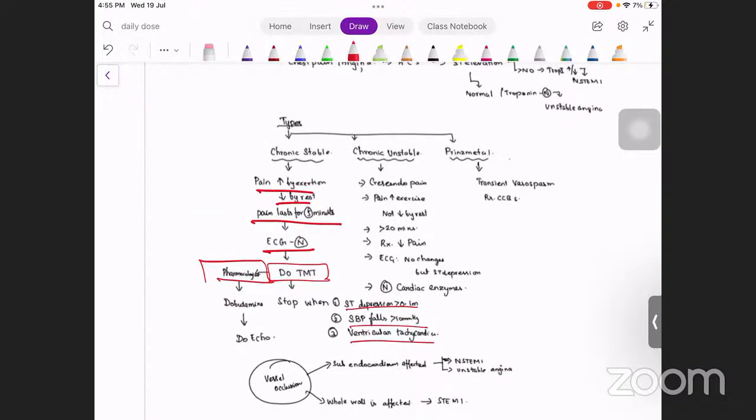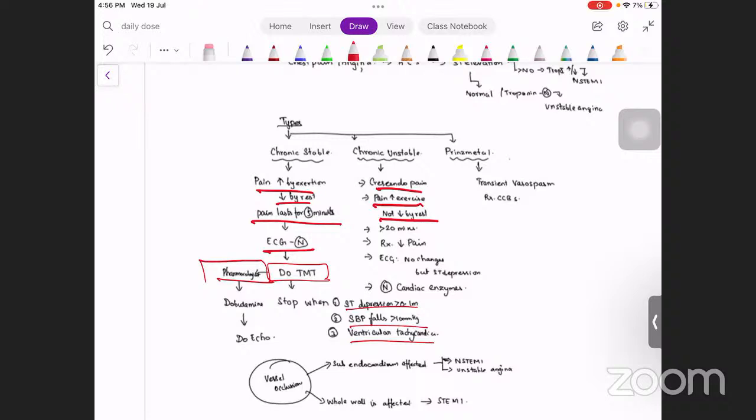Then chronic unstable angina is a crescendo pain, where pain increases with exercise, and when you try to relax, the pain does not decrease. For stable angina, when you relax, the pain vanishes within 5 minutes. For an unstable patient, the pain will not vanish. It lasts for more than 20 minutes, and treatment is to reduce the pain.